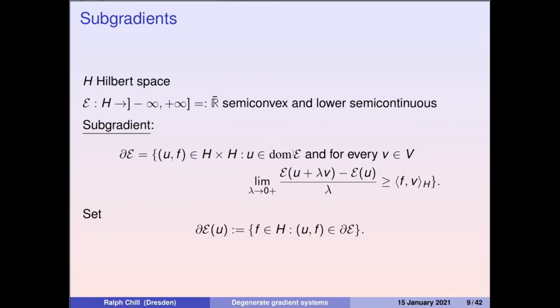So that's why it's called subgradient. Here the derivative is estimated from below by a linear function. It's not equal to a linear function. And this linear function is given by an f and the inner product in H. And when we have such a relation, we also write the subgradient at a point u as the set of all f such that (u, f) is in the subgradient.